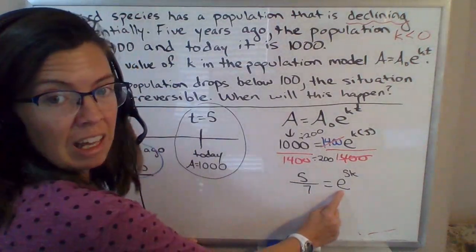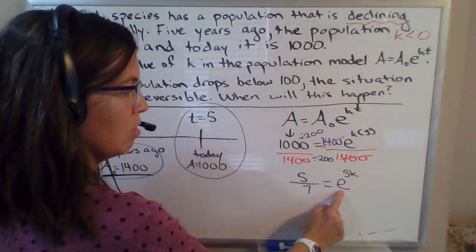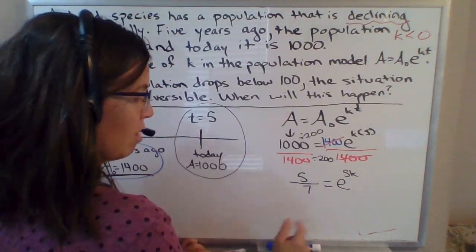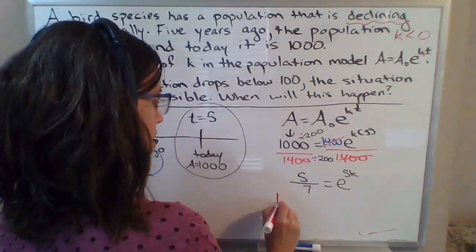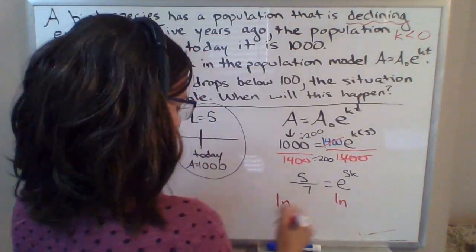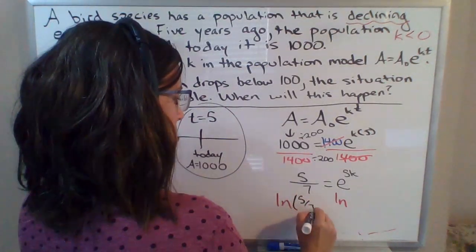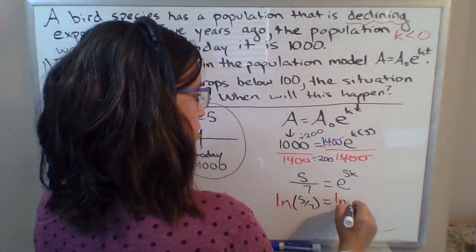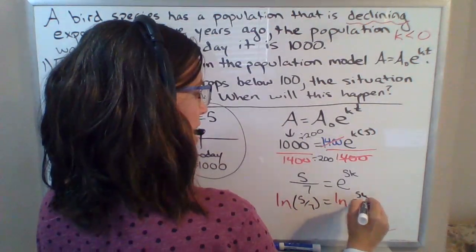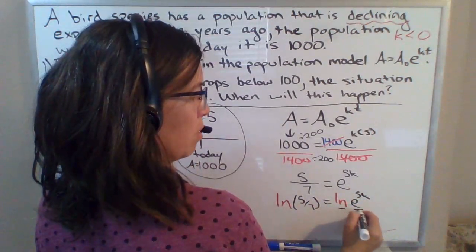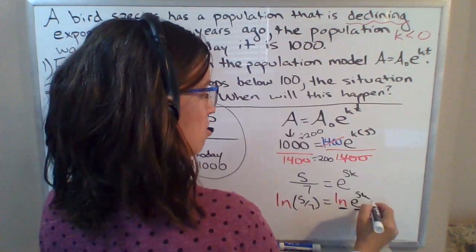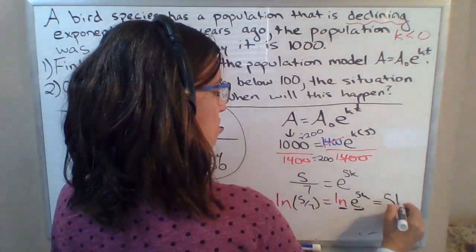Now to get rid of that exponential expression, we take the inverse operation of both sides, which is natural log. Natural log of this side equals natural log of this side. So natural log of 5/7 equals natural log of e to the 5k, but because of that inverse property, log base e with exponential base e inside of it, that's just equal to 5k.